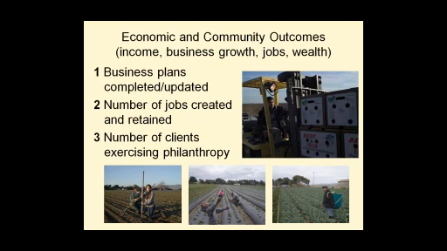We measure the number of jobs created and retained each year. And in a measure that was proposed by the farmers themselves some years ago, is number 3 there, the number of clients exercising philanthropy. And we look at that also as alternative philanthropy, if you will. Donations of produce, volunteering their time, all the different ways that farmers can contribute to their communities.